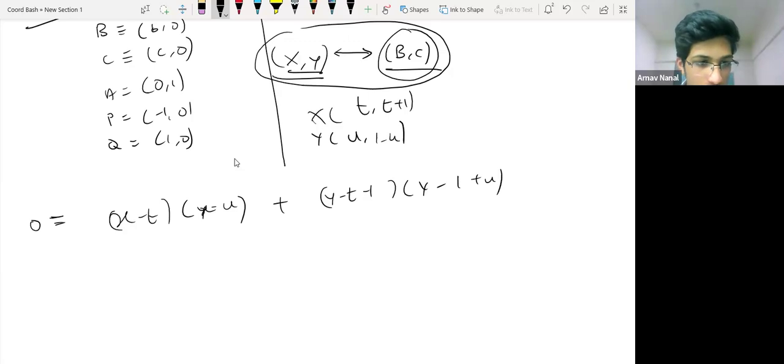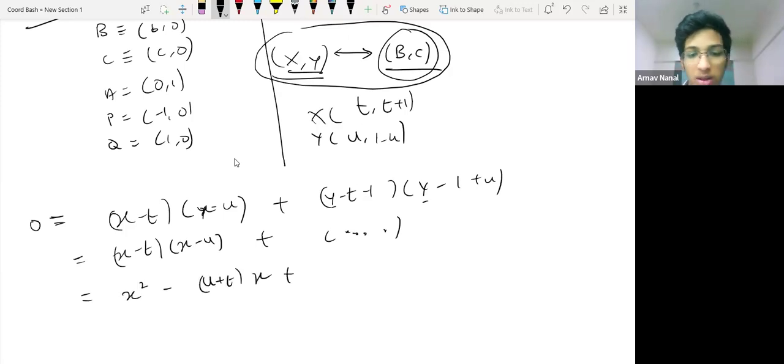So b comma c should be the roots of x minus t into x minus u equal to 0, plus some constant thing. We'll see why you don't care about this. Because y is equal to 0 for the x-axis, this just becomes x squared minus u plus t into x plus some constant thing.